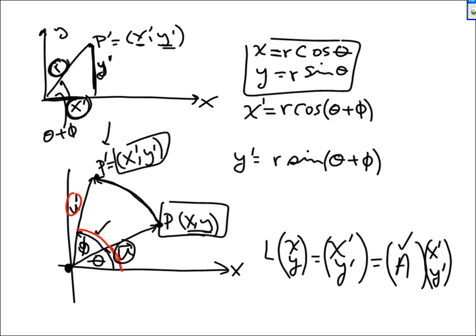Now, we are going to use the sum rules. What is the cosine of a sum of angles? So, x prime is r times the cosine of theta plus phi.